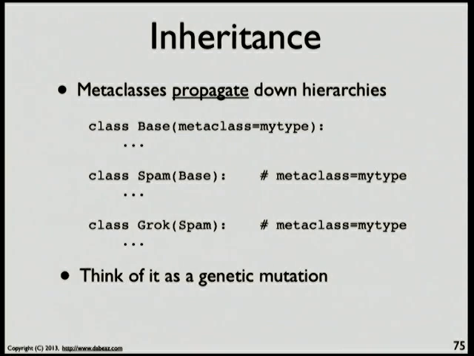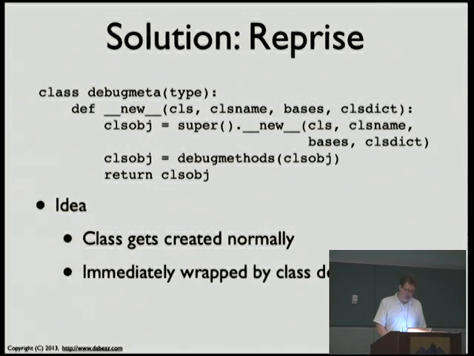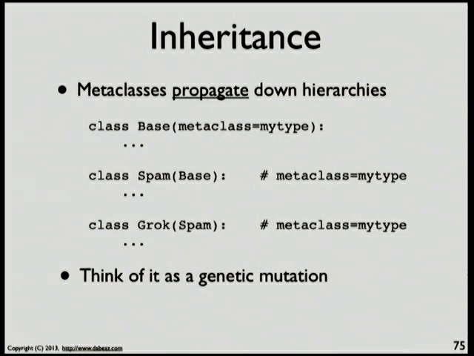If you put a metaclass into a class hierarchy, it becomes like a genetic mutation on the whole hierarchy of classes. It goes into the parent, and then it propagates to all children automatically. Somebody suitably diabolical could drop one of these in a base class for some framework, and it would propagate everywhere in the framework.